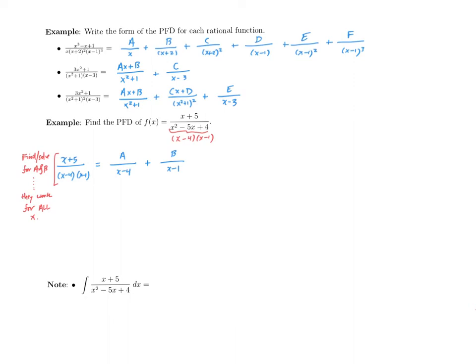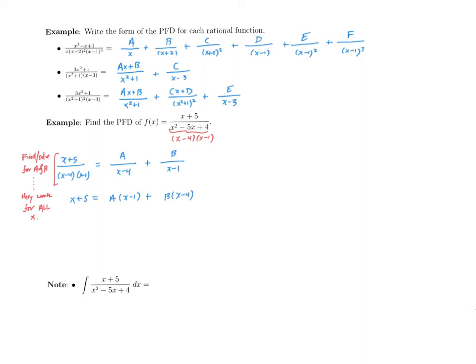So first, if we think about this purely from the algebraic perspective, this appears to be difficult because we're dealing with fractions. If we take the denominator on the left-hand side and multiply through by it, it becomes substantially simpler. We'd have an x plus 5 on the left. In the first term on the right, the x minus 4's cancel. And in the second term on the right, the x minus 1's cancel.